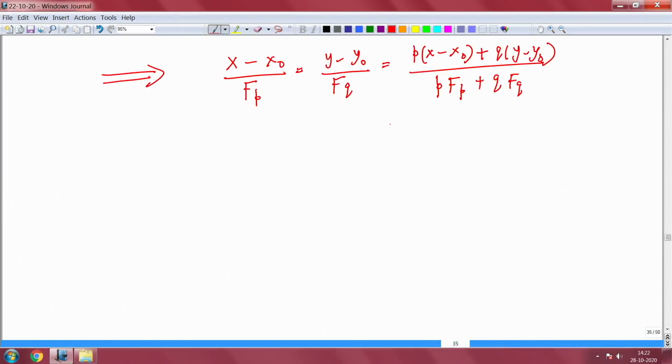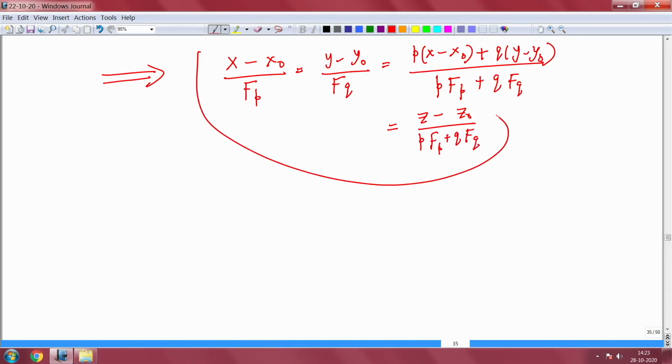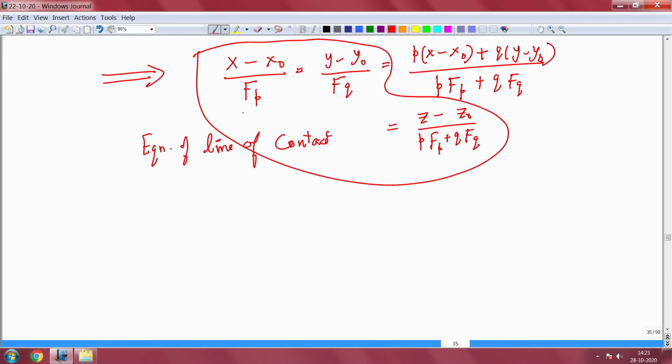So this will be the same as (z minus z naught) by (p fp plus q fq). This is nothing but the equation of a line, right? These three things together are the equation of the line of contact. You see? So you got it.